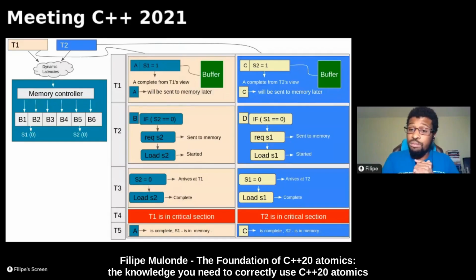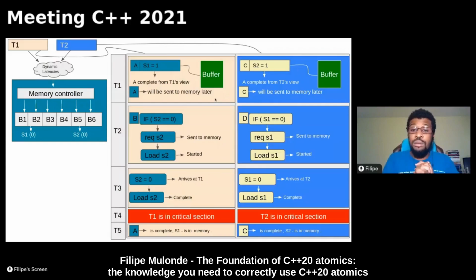So we saw in the previous slide that two threads can be in the critical section at the same time, because the threads, instead of updating the memory directly, were updating a local buffer.